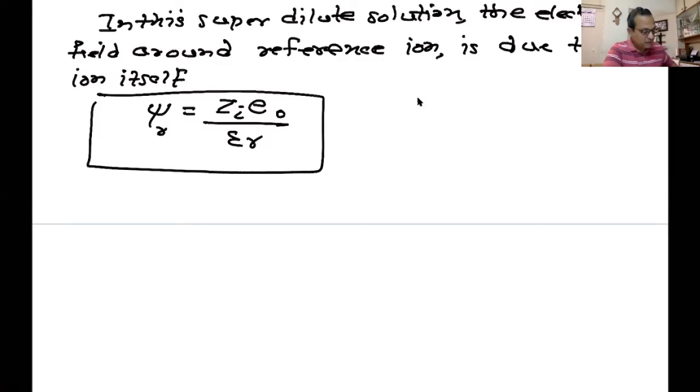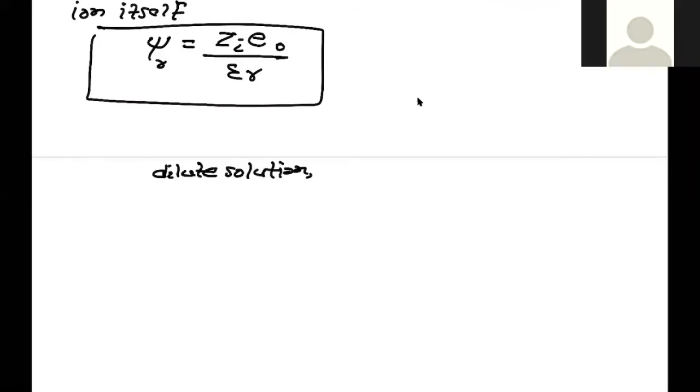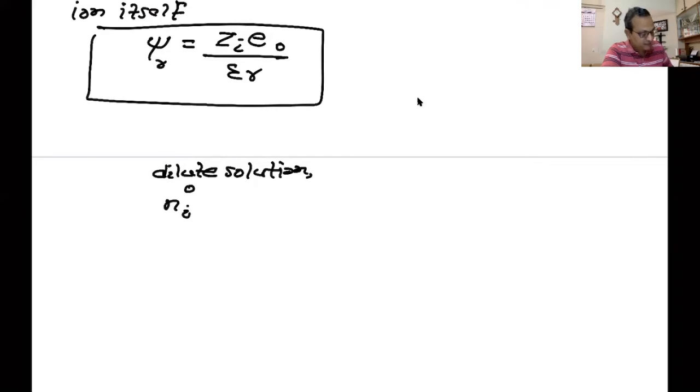Okay, one more thing will happen at that dilute condition. In dilute solution, my charge density in the bulk, ni0, is also going to tend to 0.